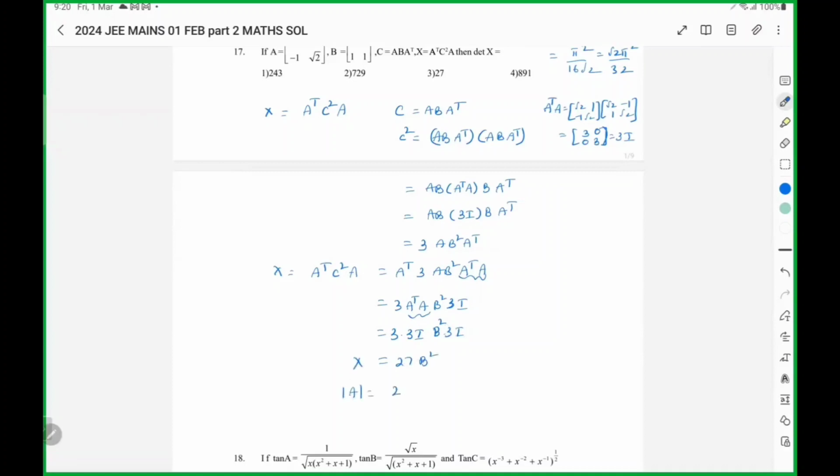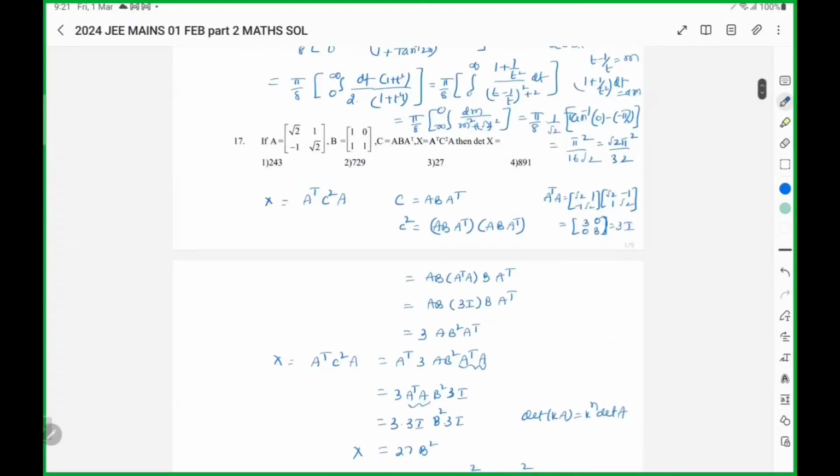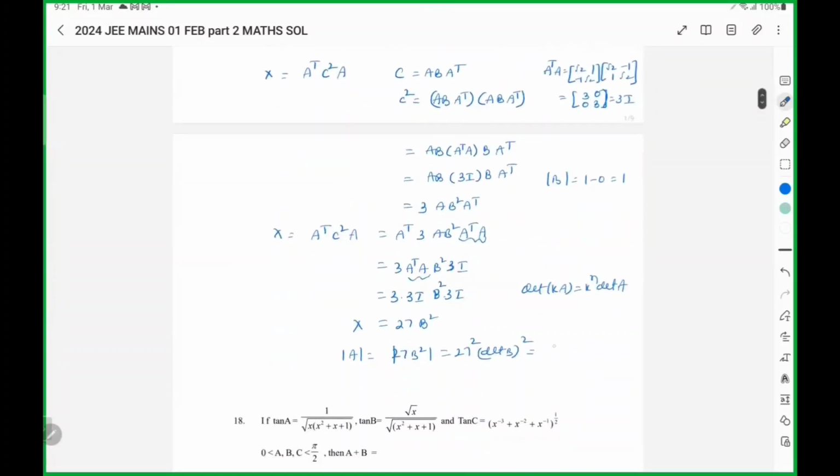Det of X is 27 times det B whole square. Det of K A is K power n times det A. It is 27 square times det of B whole square. So det of B is 1 minus 0. So 729.